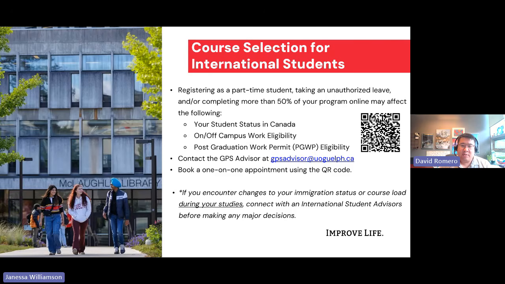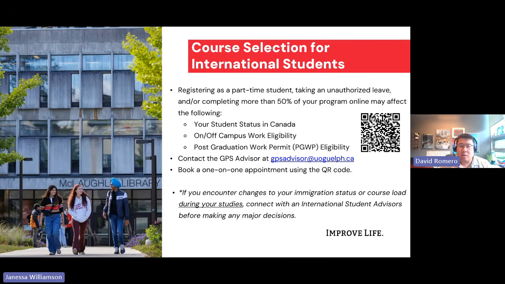So for international students, it's important to understand that when you're registering as a part-time student, or potentially taking a leave, which means you're not registered for any courses in a semester, or potentially completing more than 50% of your program online, which really doesn't apply to engineering because most of our courses are in person, but this could have implications for your student status, your work eligibility, or your PGWP, your postgraduate work permit as well.